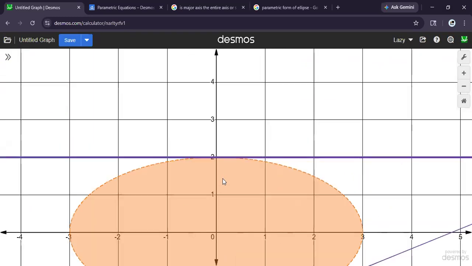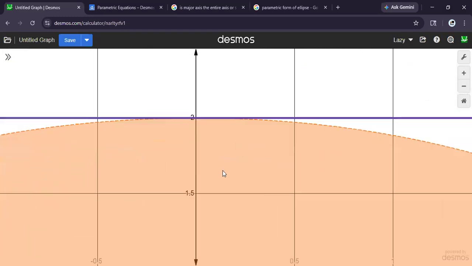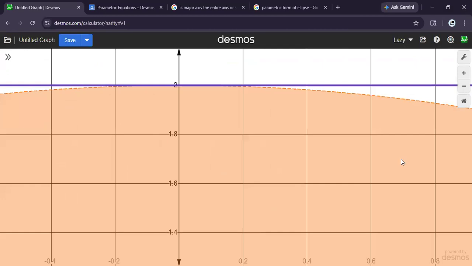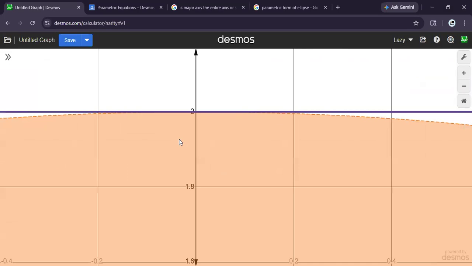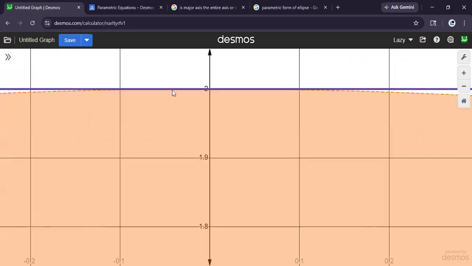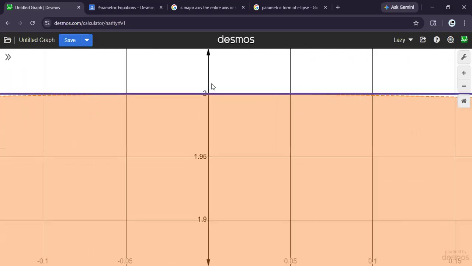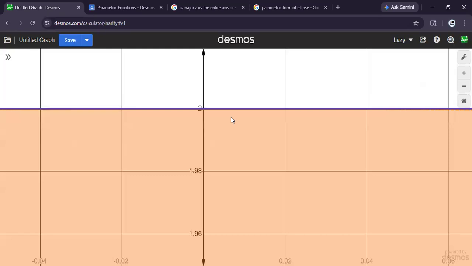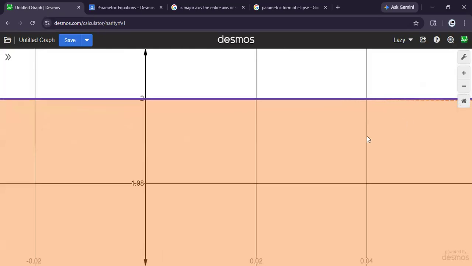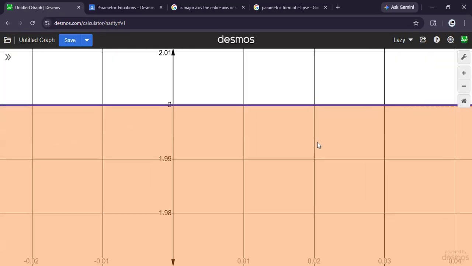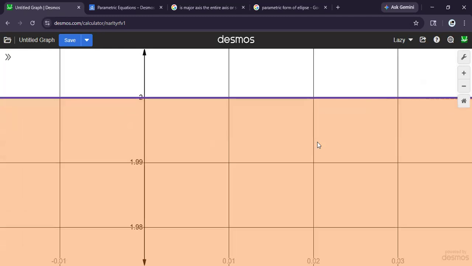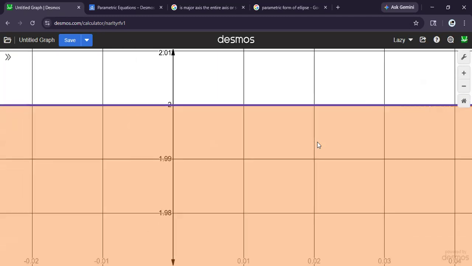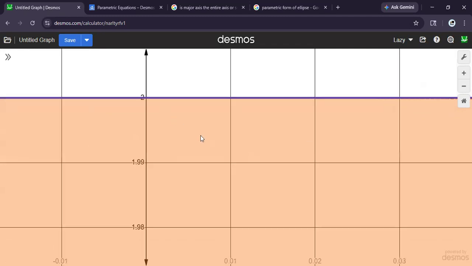If you take this point (0, 2) and you zoom, you'll see that the ellipse, shown in the orange color, is becoming flat on the top. You see the line y equals to 2 and the ellipse are very close. And when we zoom, they're so close that we're not able to even differentiate. They don't touch each other. It is almost horizontal, it is not exactly horizontal. The ellipse becomes almost flat.